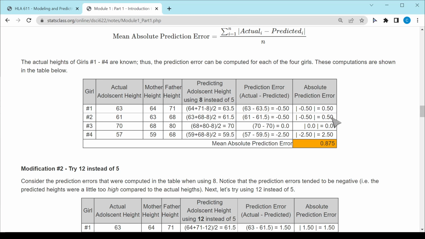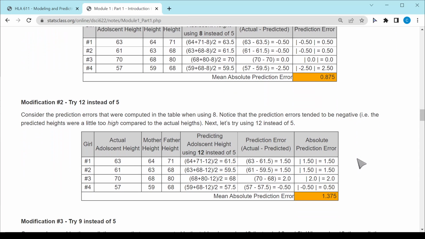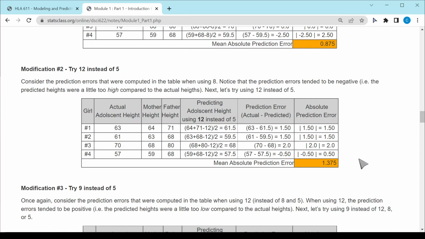If you take the 0.50, the 0.50, the 0, and the 2.5 and average those together, you get 0.875. So now I have a way to measure how much error on average I have for each girl. Now let's see if we can try to reduce that amount of error. So what I'm going to try next is, instead of using 8, I want to try to use 12.